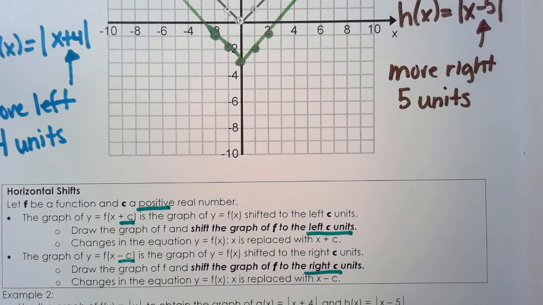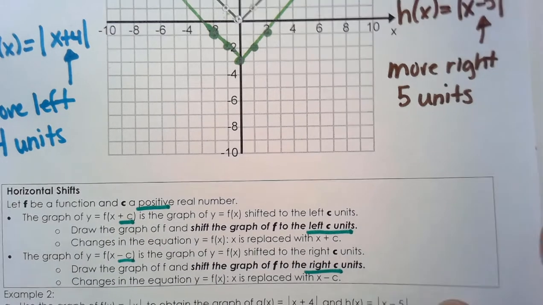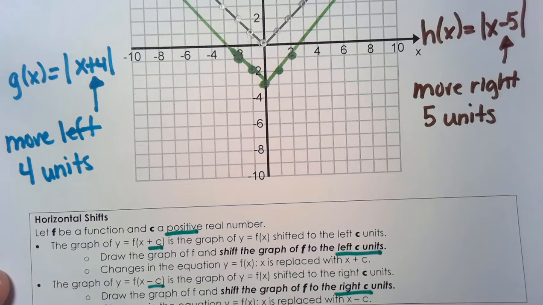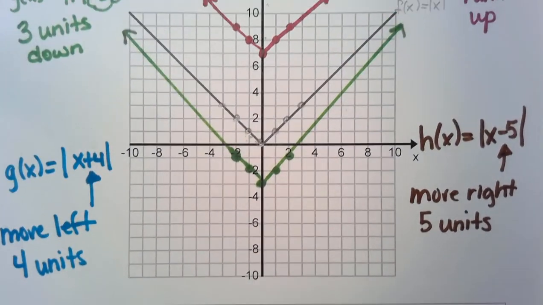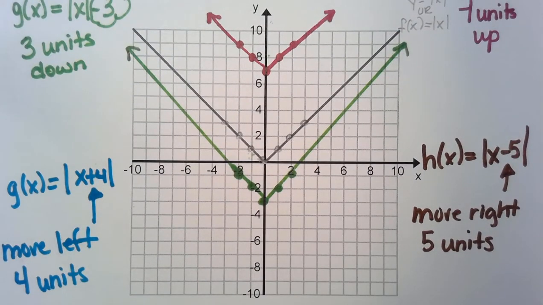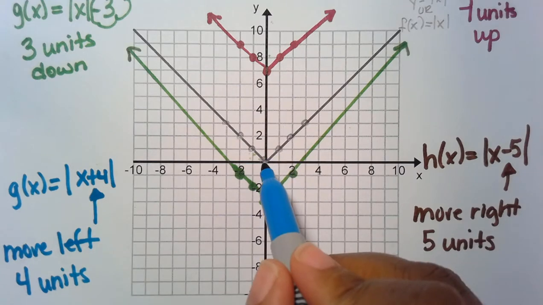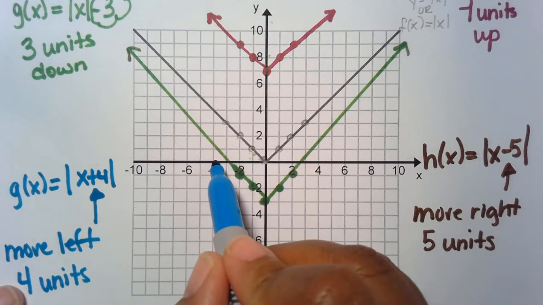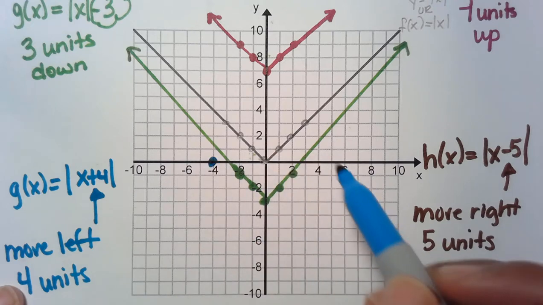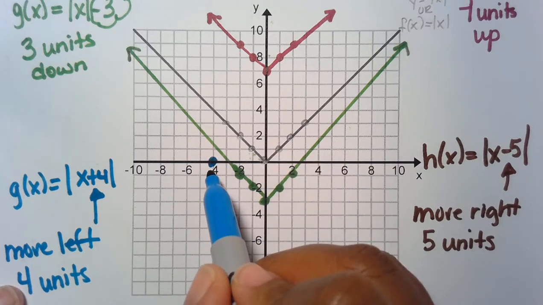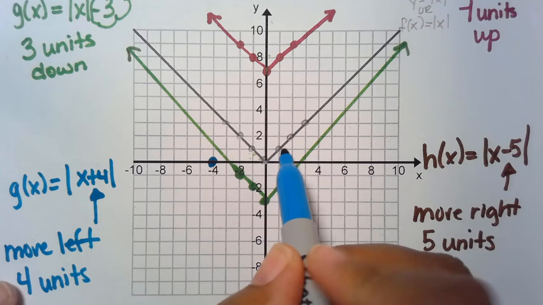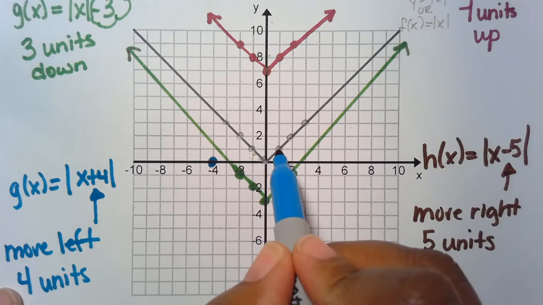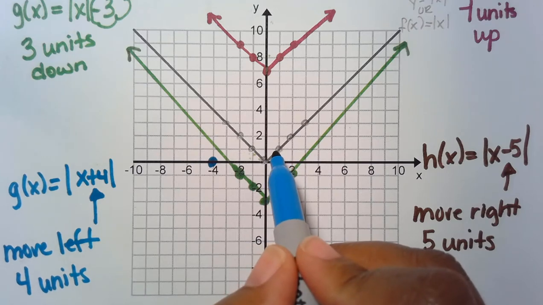from the original graph. So let's take a look at our g of x is equal to the absolute value of x plus 4. From 0, 0, we count 4 units to the left: 1, 2, 3, 4. So our new point starts at negative 4, 0. Going back to our original graph, find points and count over.